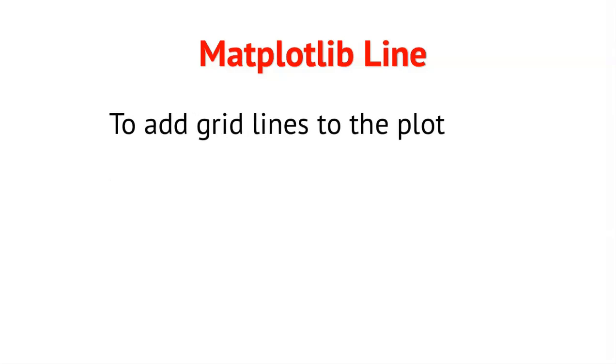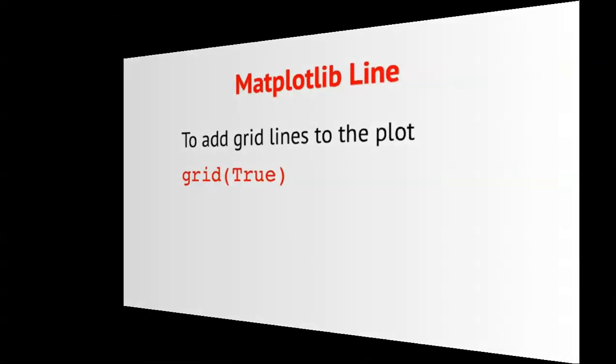And to put grid lines on the plot, we have to use the grid function, and inside the parenthesis we have to write True without quotes. Now let's try all these functions in the same graph.